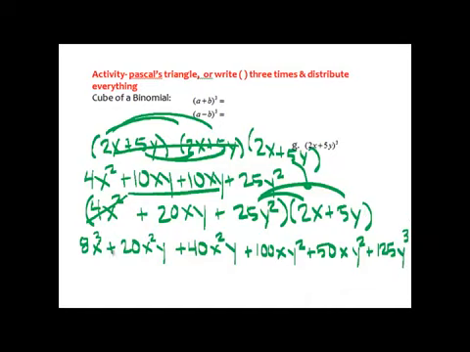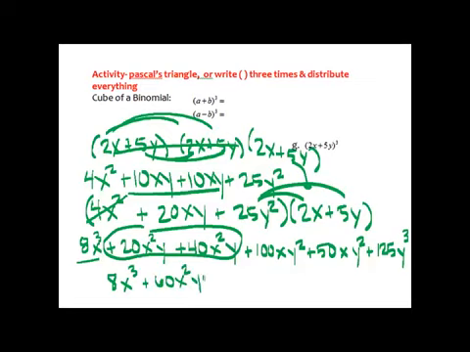And now we have to go through and add up our like terms. So that'll give me 8x cubed. Okay, these are like terms. Add the numbers in front only. Leave the exponents alone. Okay, these are like terms. Same reasoning as the last one. And then bring this down.